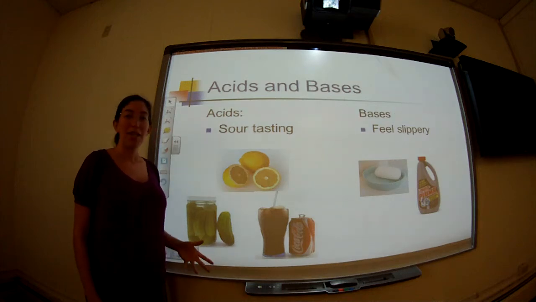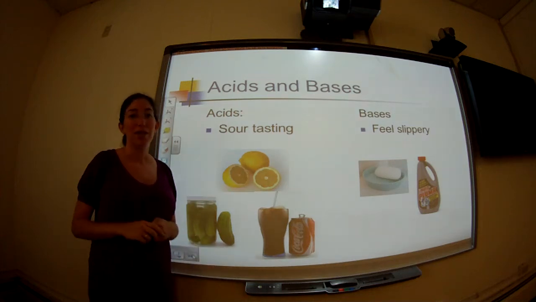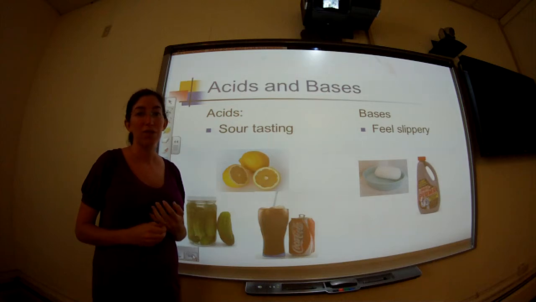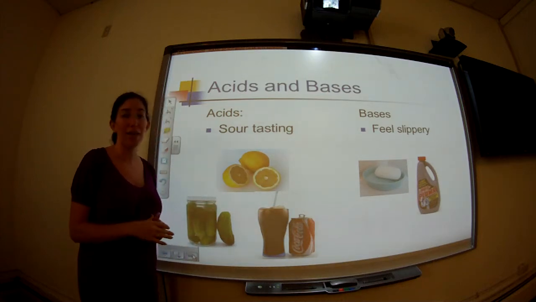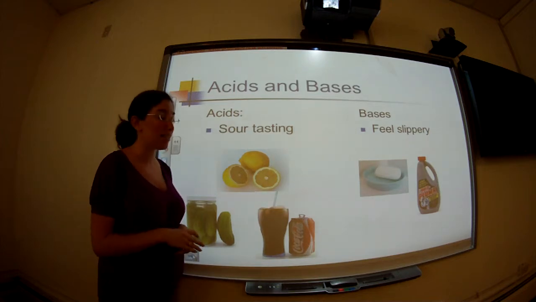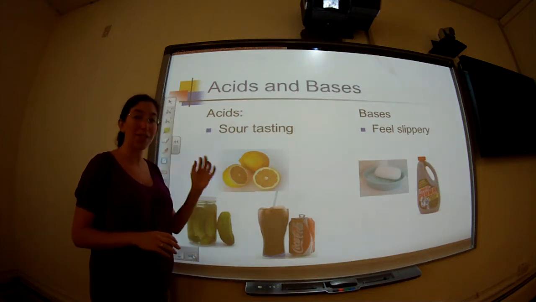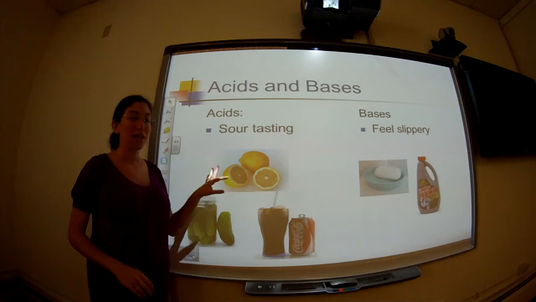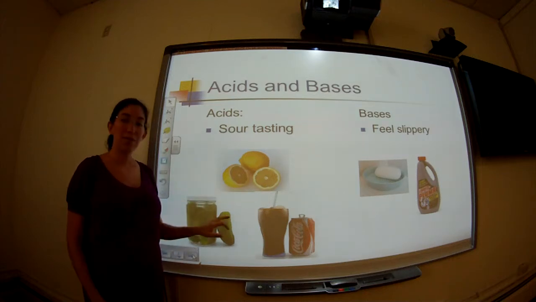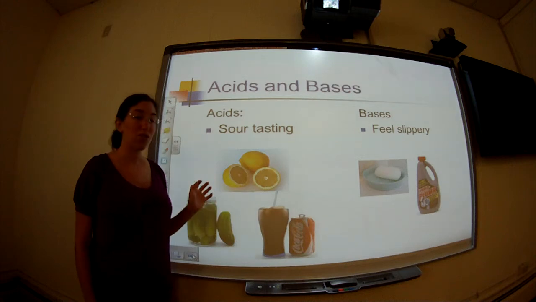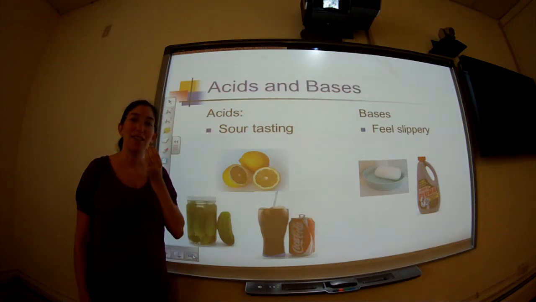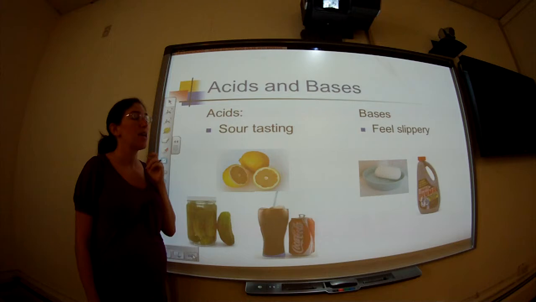Milk is probably the most basic food, and it's a pH of 6, which is actually still acidic. So anything under pH 7, and we'll get to that, is acidic. Some particularly acidic foods, lemons, pickles, sodas, all contain a lot of acid, like citric acid, and it has that sour sort of taste to it.